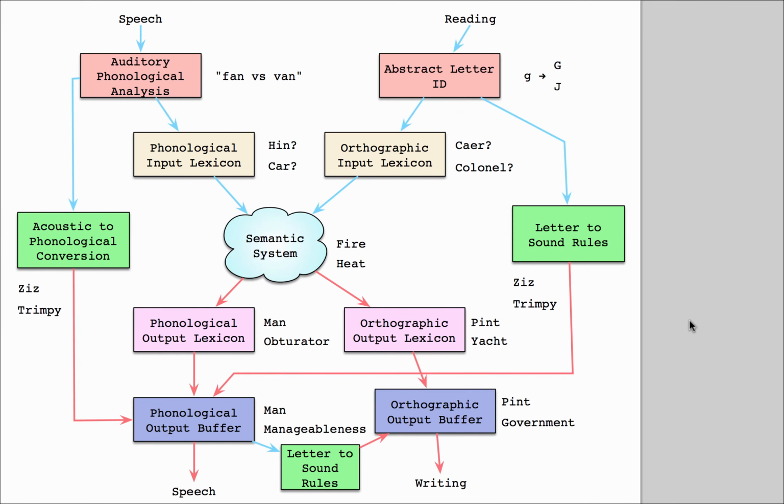That being said, I think it's important to expose you to this model to give you an idea of what to shoot for in your career if, let's say, you're going to be working with a population that has aphasia.